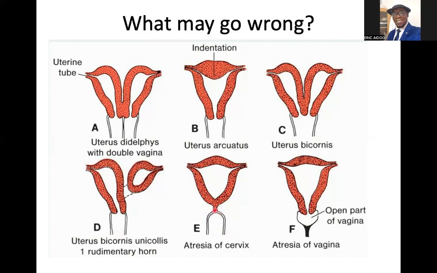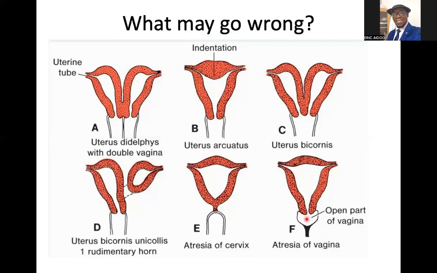So there's complete blockage. Even though the uterus is well formed, and you also have the vagina, there's no continuity, no communication. You also have the open part of the vagina here, and then atresia of the vagina here. So there's no vaginal canal that goes into the portion of the vagina.